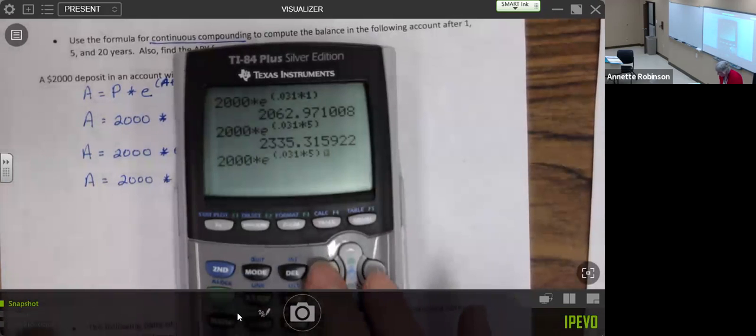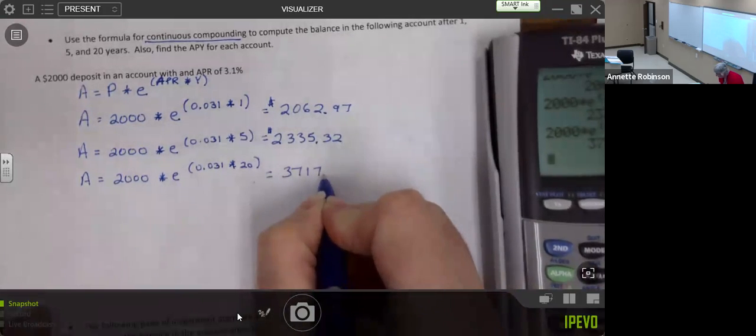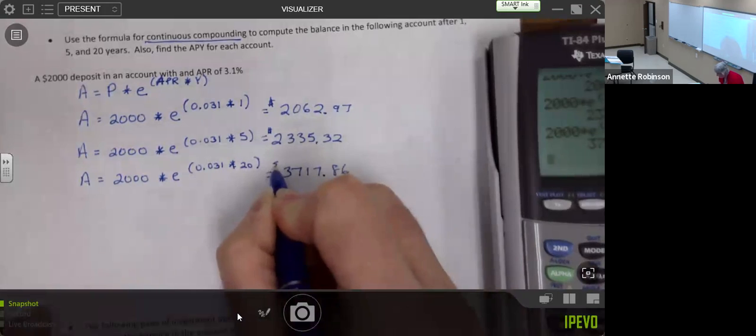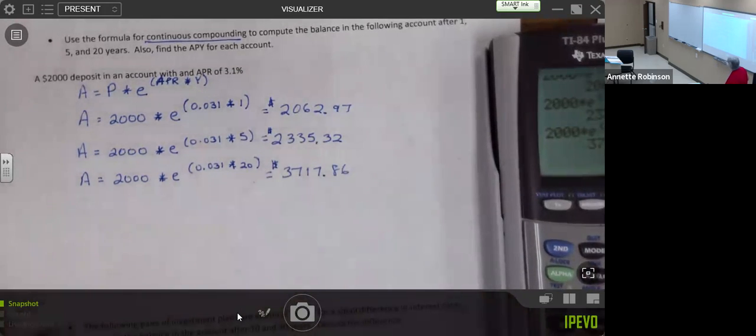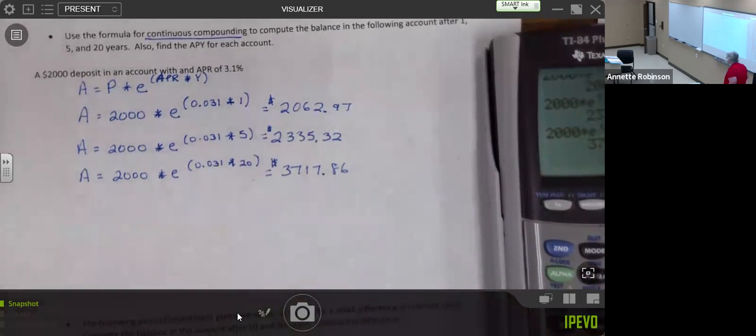I'm going to go up here and change that 5 to 20. I am going to have to retype a closed parenthesis. I find that the answer is $3,717.86. Now, in all those amounts, do not forget that 2,000 was your own money before we started them.